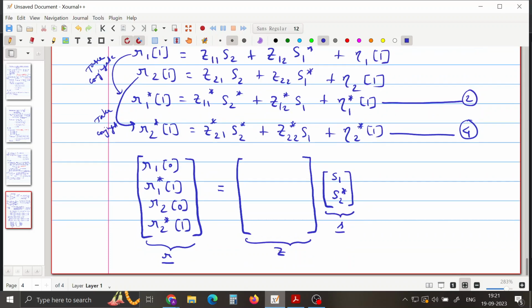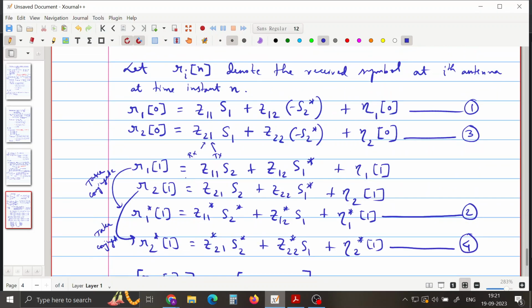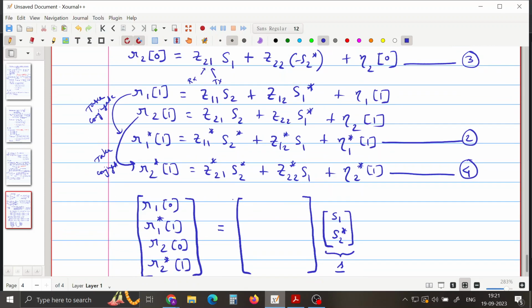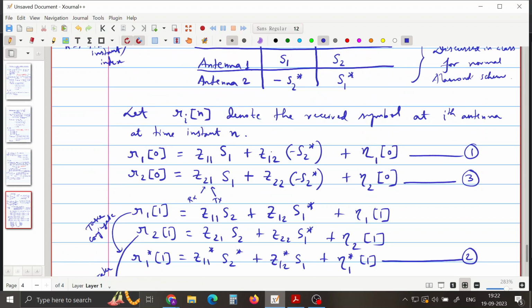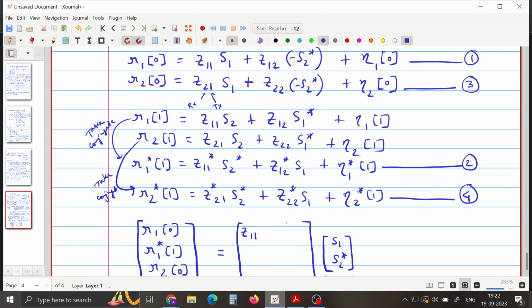So what will be that Z matrix? For R1 of 0 I have to go to equation 1. What are the weights? Z11 and Z12. Okay, so Z11, and it's actually minus Z12 because it's minus S2 star, right? So this would be minus Z1.